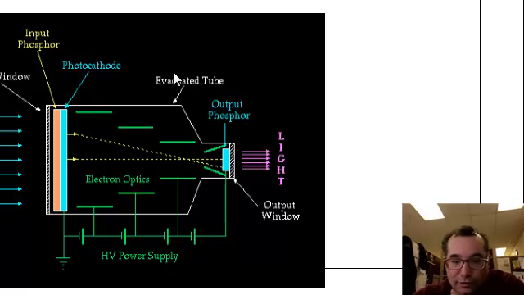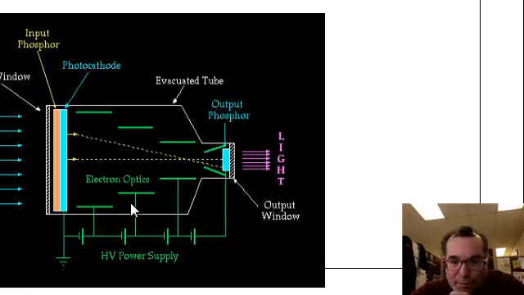And those electrons are then going to fly across this tube. They're focused by what's known as the electrostatic lenses. You see these in green. And this electron stream is kind of funneled or squeezed, kind of like going from a large hose to a straw. Right?